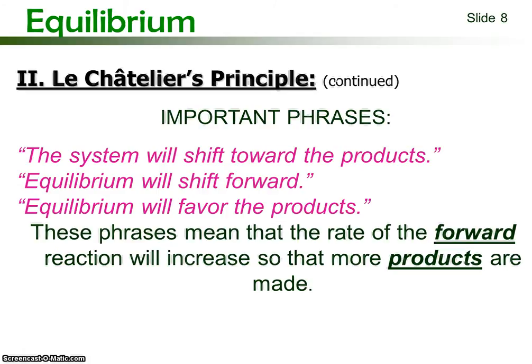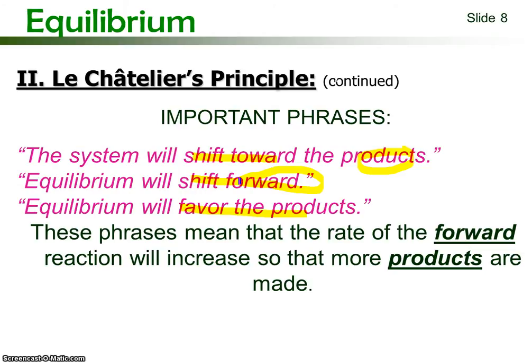A few phrases that you might need to know: you'll hear me saying things about the system will shift towards a certain direction, or it'll shift forwards or reverse, or the system will favor. When we're referring to the products or the forward direction, all of these phrases mean that the rate of the forward reaction will increase so that more products are made.